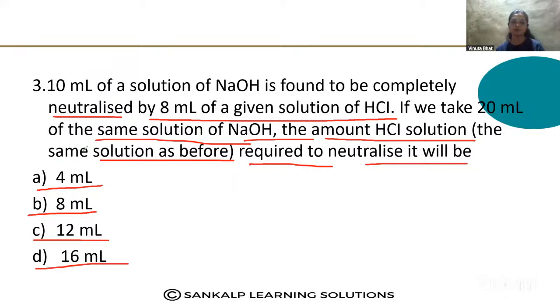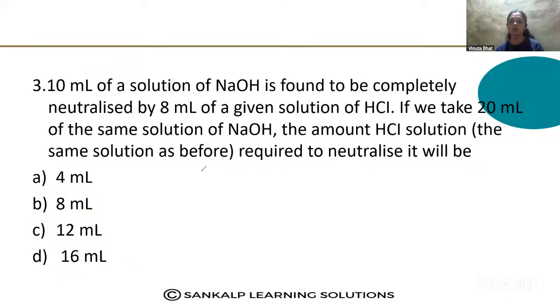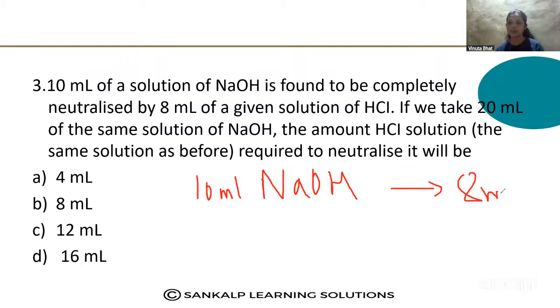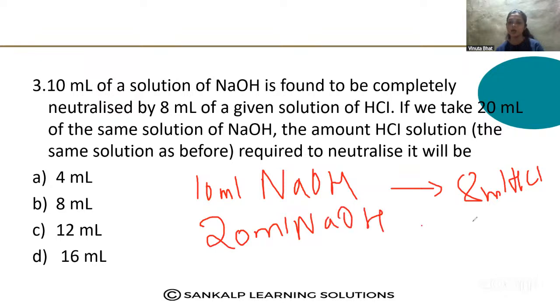Here 10 ml of NaOH is used to neutralize the 8 ml of HCl. So if we take 20 ml of the same NaOH solution, how much amount of solution will be required to neutralize it?